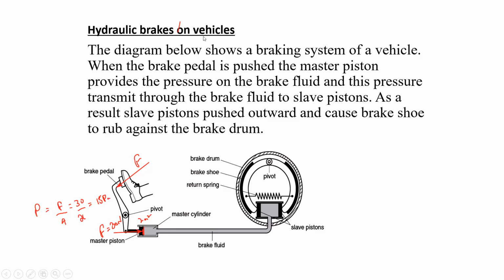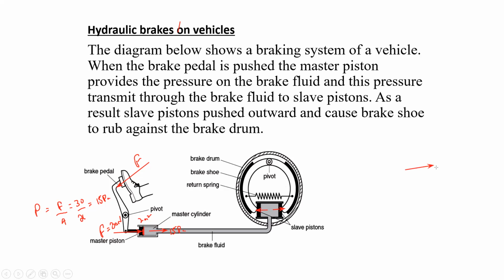So according to Pascal's principle, if we create a pressure of 15 Pascal on the liquid, how much pressure will it apply on the other side? It will apply equal pressure. You can see these are the slave pistons, meaning they can move. So there will be 15 Pascal on the left hand side and 15 Pascal on the right hand side.